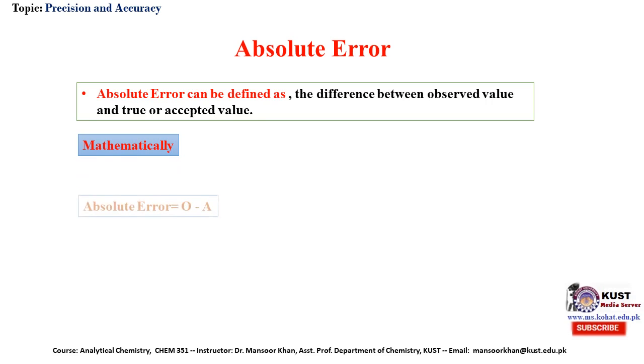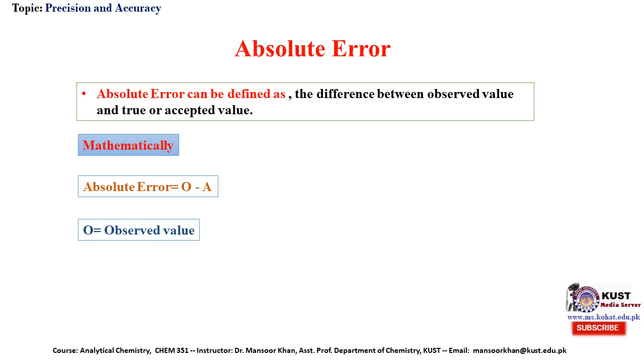Mathematically, absolute error is equal to O minus A. O stands for observed value, while A stands for accepted value. So absolute error is the difference between observed value and accepted value.